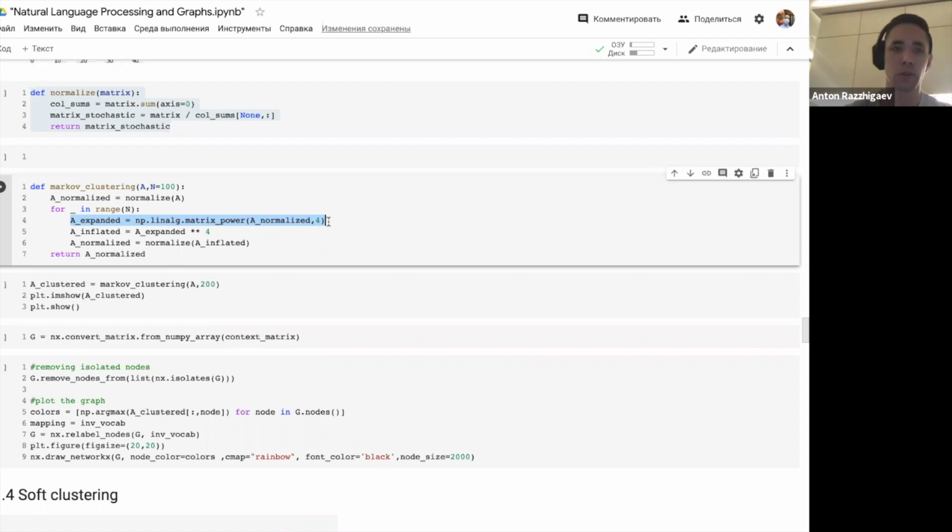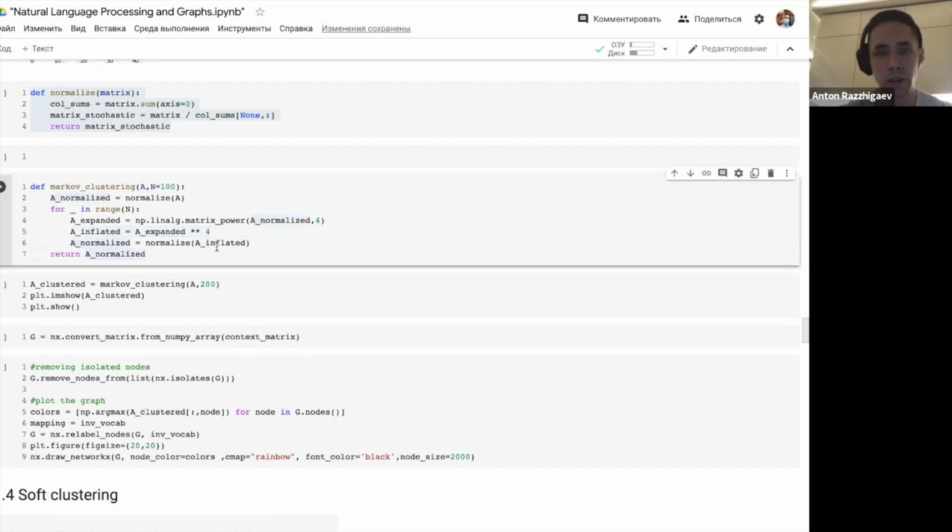Then we do inflation. It is a kind of element-wise power. So matrix power isn't element-wise power. It is a complex linear algebra operation, which can be done with the NumPy linalg module. So this is expansion, and this is inflation. Inflation is just element-wise power of a matrix.